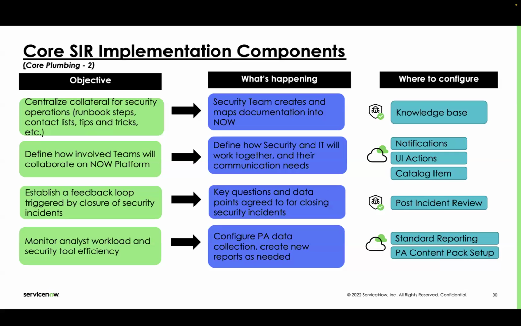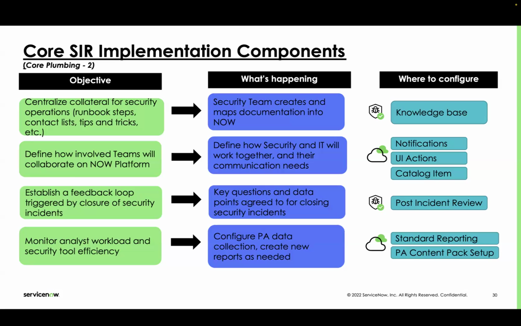And then looking at how we want to collaborate with other teams. So the security team might have to collaborate with the help desk team, the firewall team, the identity team. And there's many flexible ways of doing this and ensuring folks are notified, but that's really something that we want to define and start to involve these teams early on in that implementation journey.